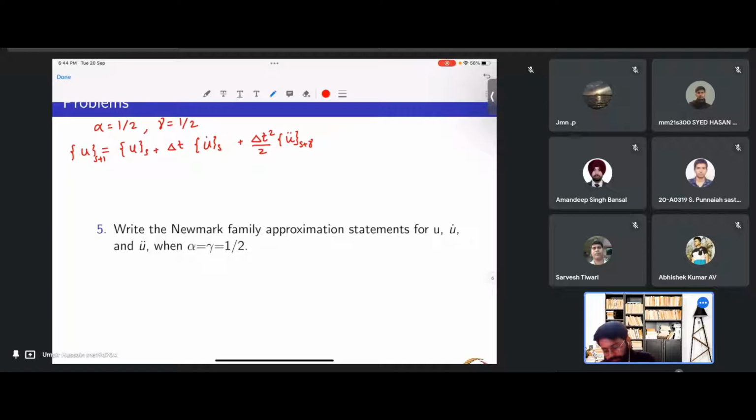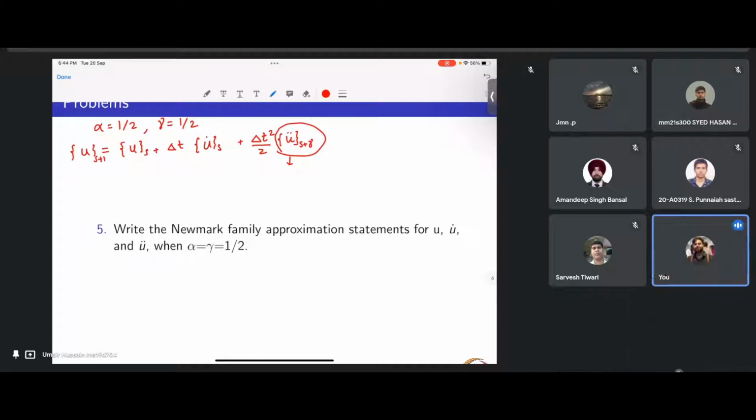This term is given as, so gamma is half, right?